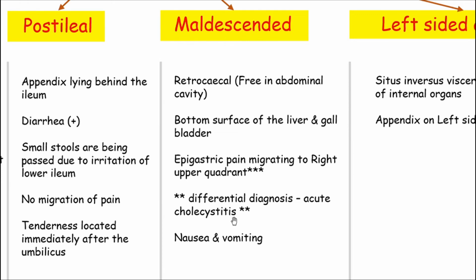The only way to differentiate acute appendicitis from acute cholecystitis is by this little tiny thing: we should take the anamnesis, the history, and then we can see that the patient says the pain started initially in the epigastric region and then migrated to the right upper quadrant. In this case, we can identify acute appendicitis very clearly.